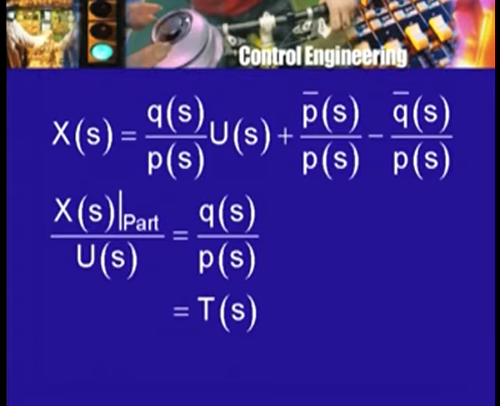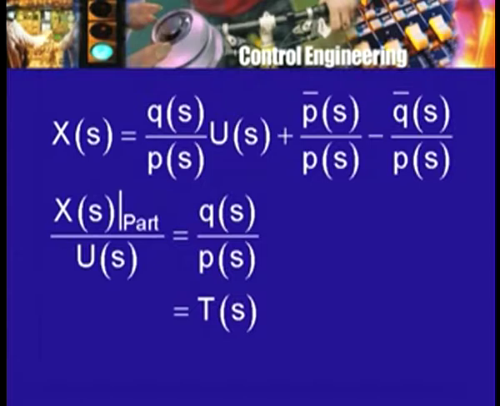Transfer function was the ratio of the Laplace transform of the output, or a particular part of it, to the Laplace transform of the input. Now this polynomial P of s occurs in all three places, and if you remember, when doing the inverse Laplace transformation, we had to do the factorization of P of s, and therefore the roots of P of s are simply the poles of the transfer function T of s.